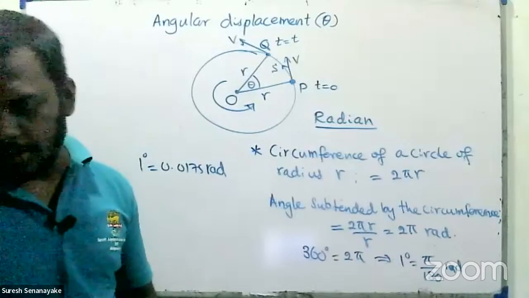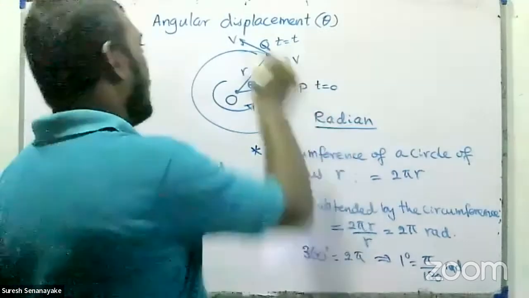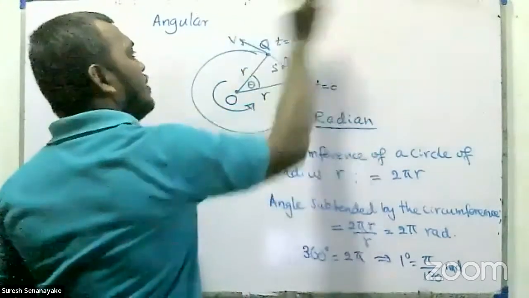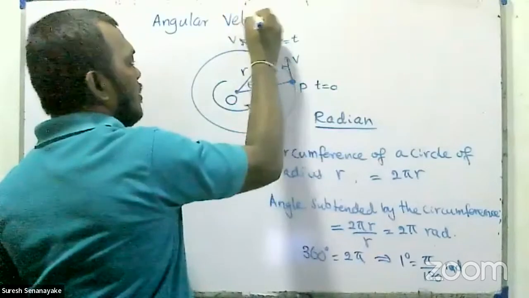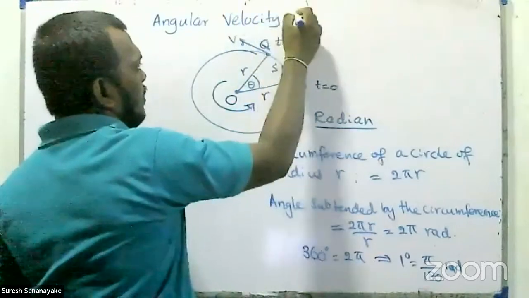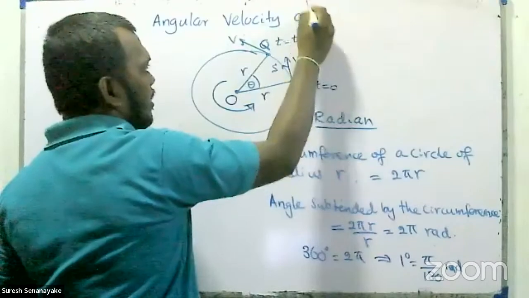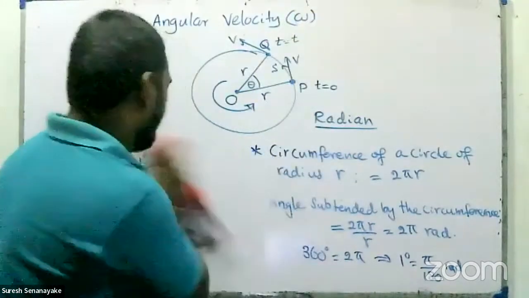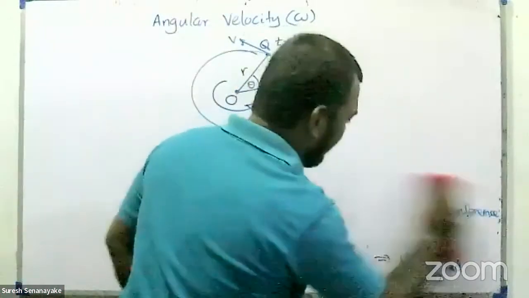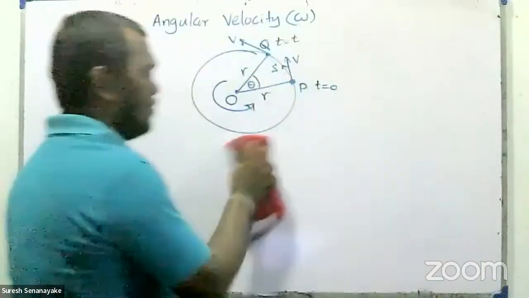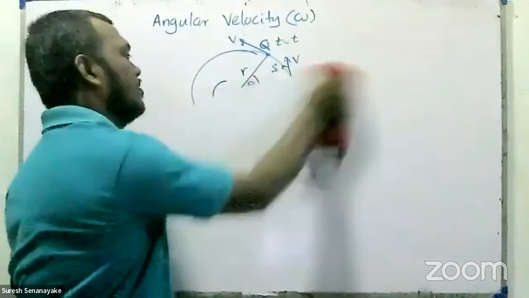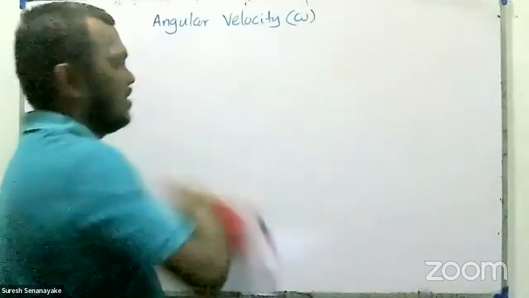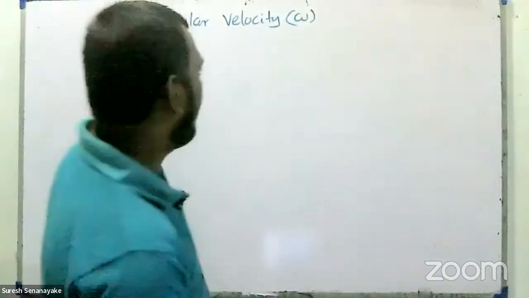Okay, then write the angular velocity. Angular velocity is omega. Angular velocity is the rate of change of the angular displacement.